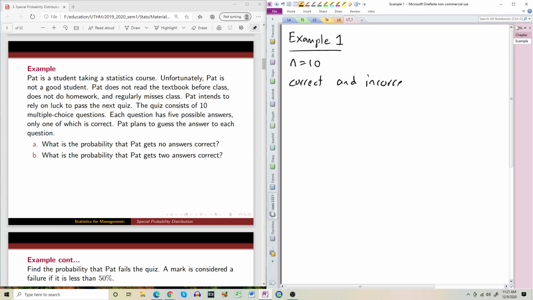There are only 2 possible outcomes, correct and incorrect. That is binomial. Bi means 2. If you handle an event, the outcome should be only 2, either yes or no, or morning or night, something like that. Correct or incorrect, only 2 should be there.